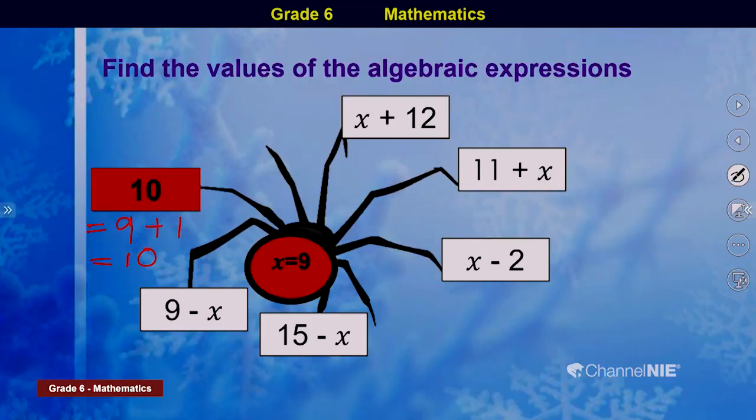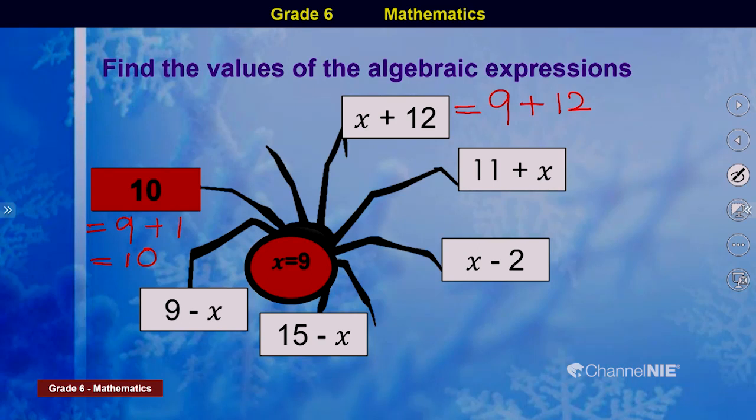I am going to x plus 12. Instead of x, I can substitute 9. Then plus 12 can be written as it is. What did I get?